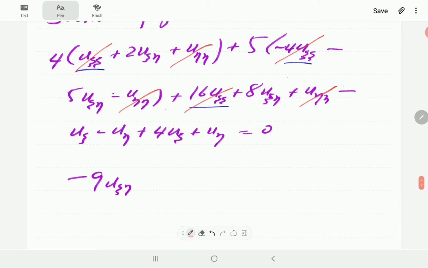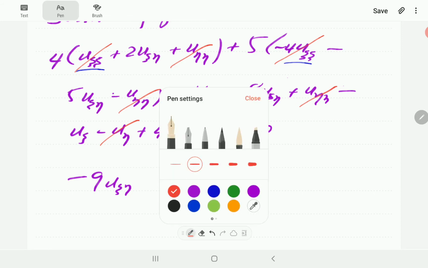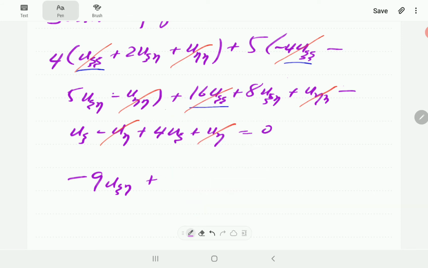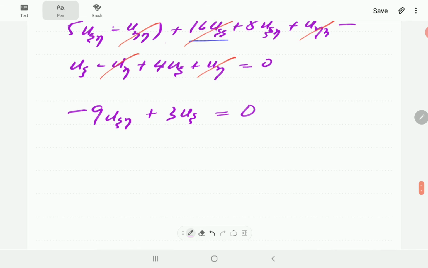Then first order derivative terms, you can see that this term cancels out with that. And these ones are going to add up to 3, because you've got minus 1 plus 4. So that's going to be plus 3u_xi equal to 0. Okay, so this, if you like, is our canonical form.